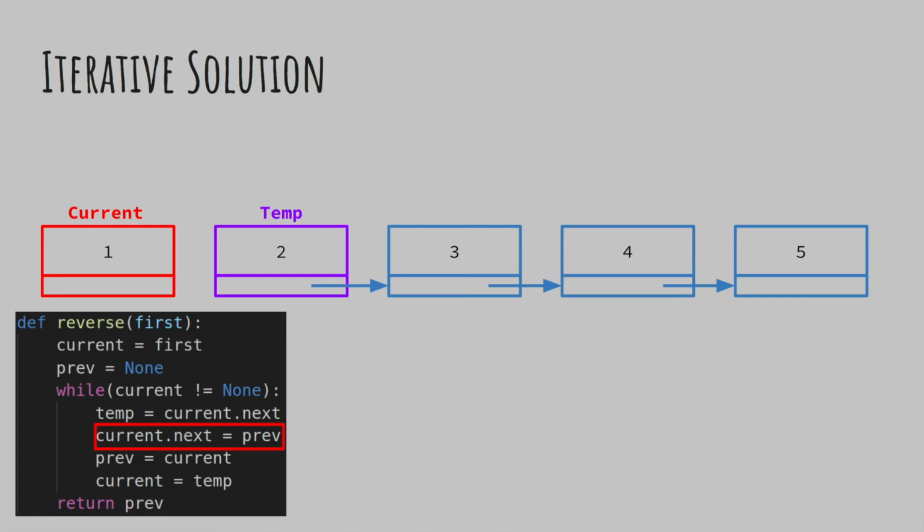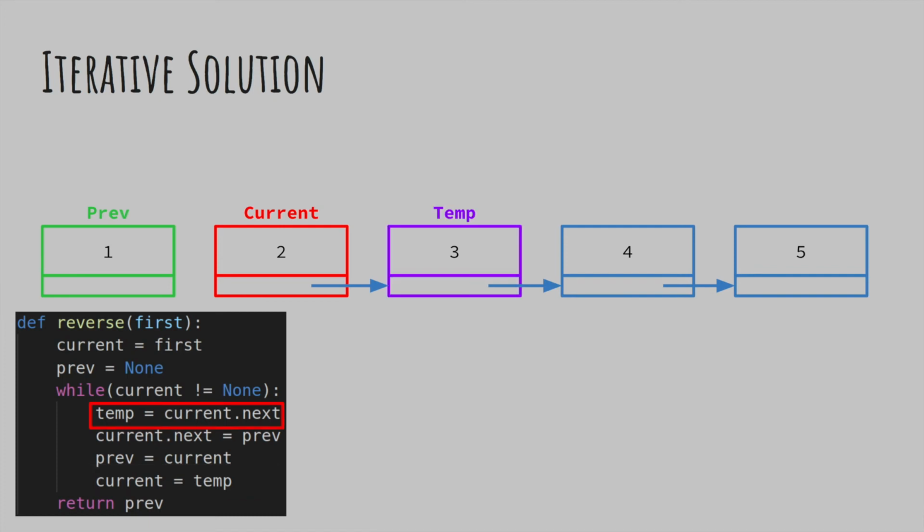But since the first node has no previous node, we will just remove the pointer by setting it to None, since previous has the value of None initially. Then we will say that the previous node is now the current node, and the new current node will be the next node, the temporary value which we saved earlier on.